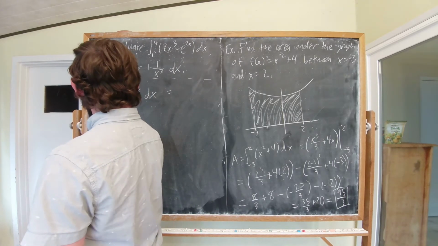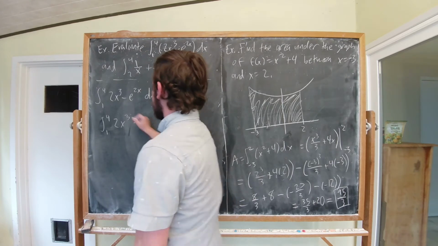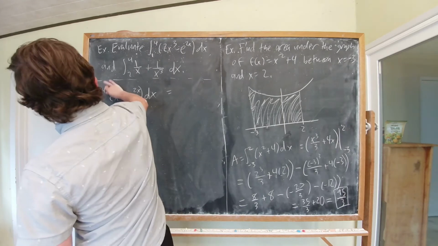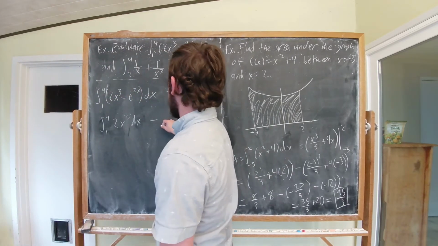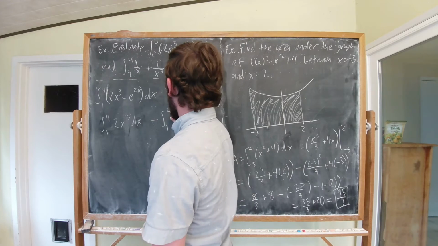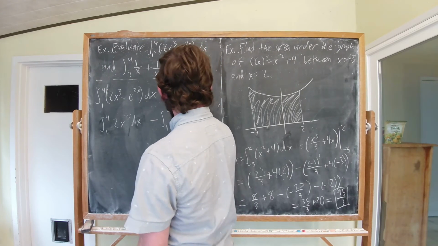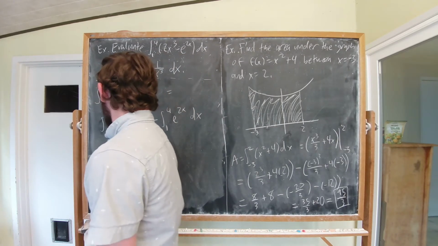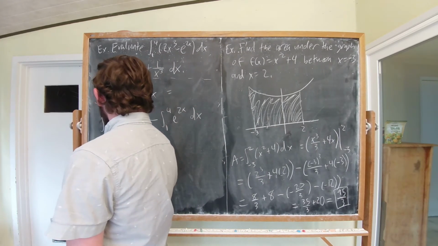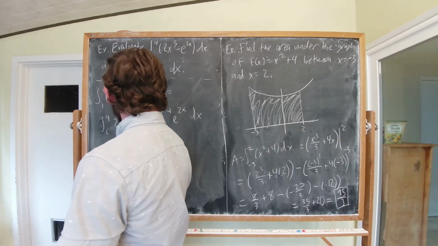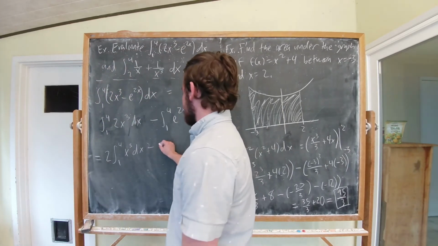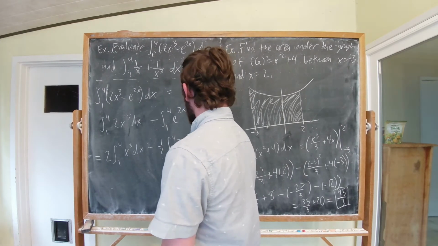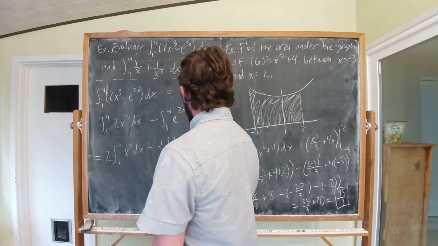The integral from 1 to 4 of 2x cubed dx minus the integral from 1 to 4 of e to the 2x dx. It's 2 times the integral from 1 to 4 of x cubed dx minus, let's view this as 1/2 times the integral from 1 to 4 of 2e to the 2x dx.